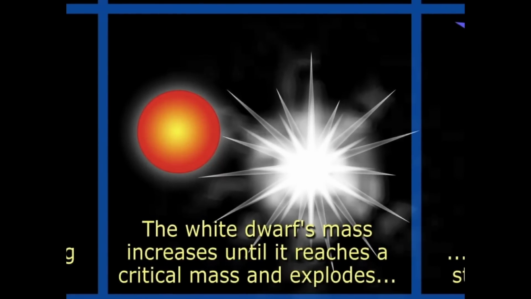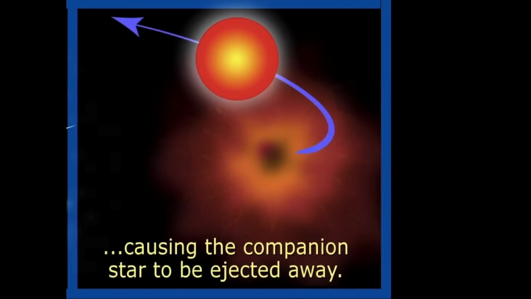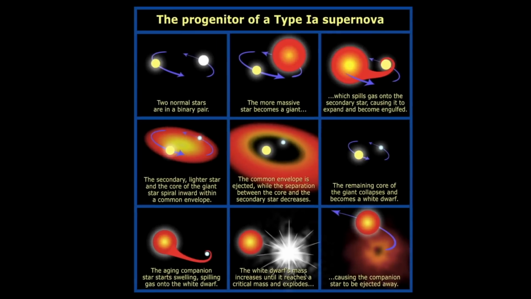And then it reaches the Chandrasekhar limit and explodes, and either the white dwarf is completely destroyed or the other star somehow survives, but it's still an open debate whether or not the companion star actually survives the explosion, but the white dwarf certainly does not survive. So that's the progenitor sequence cartoon for a type 1a supernova.